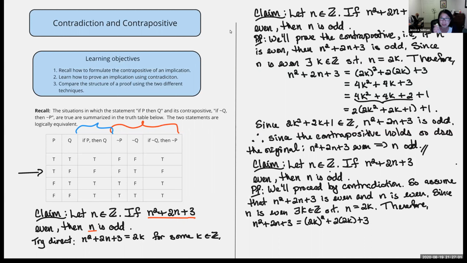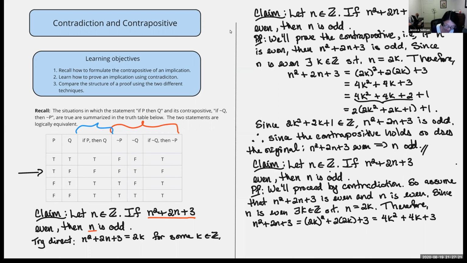I'm running out of room, so I'm going to write horizontally a little more than I would otherwise. And this is 4k squared plus 4k plus 3. What's happening here? Interesting. This is looking a lot like the computation we had above.